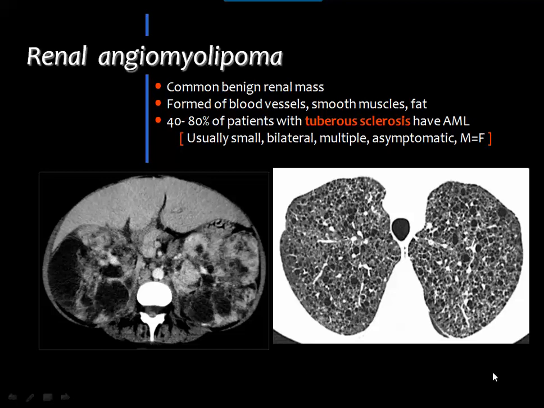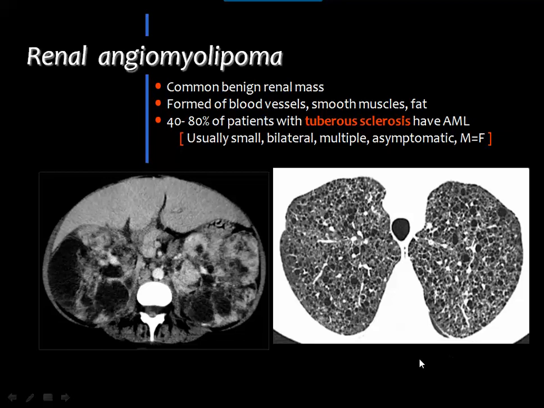Then renal angiomyolipoma is one of the common features in this particular disease, tuberous sclerosis, and you know that 40 to 80% of patients with tuberous sclerosis have angiomyolipoma.